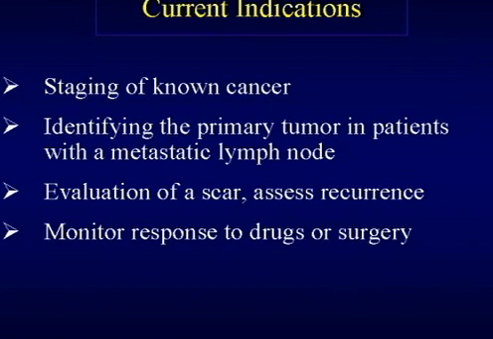Next is evaluation of a scar. Here, there's been a change in the appearance of the scar in the mammogram, and you're assessing for recurrent disease. Another area is really monitoring response to drugs. Usually this is just in the neoadjuvant chemotherapy setting, and also in surgery to detect for residual disease.